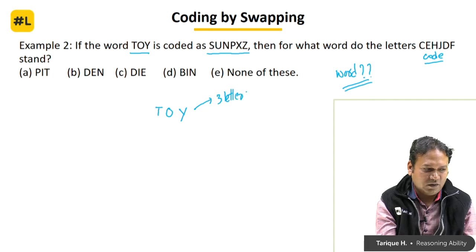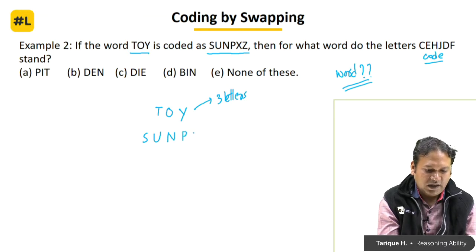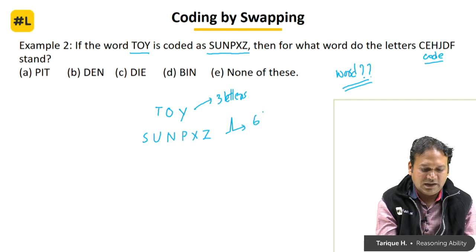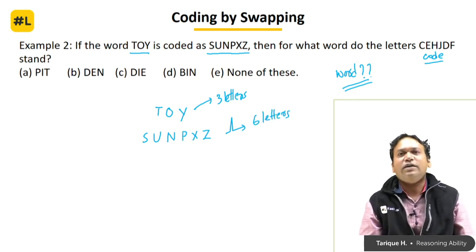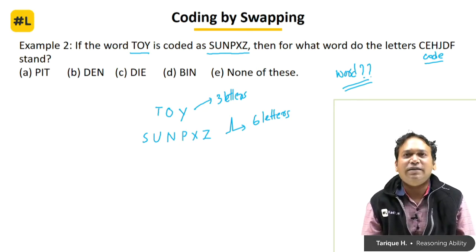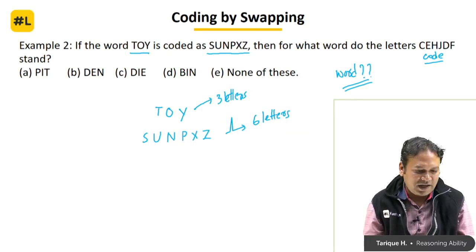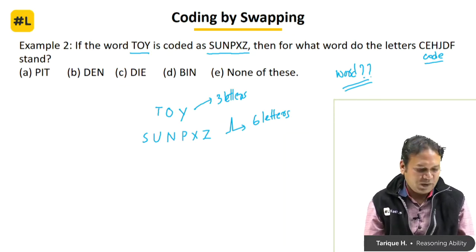And the code word, what is the code word here? S-U-N-P-X-Z. There are 6 letters. So something different is there. We are using a different way. It's not exactly swapping, but maybe just understanding the positions and the word relations, right? Okay.